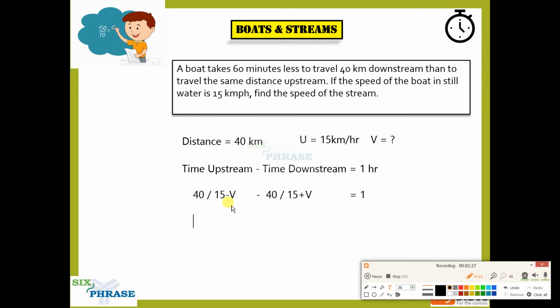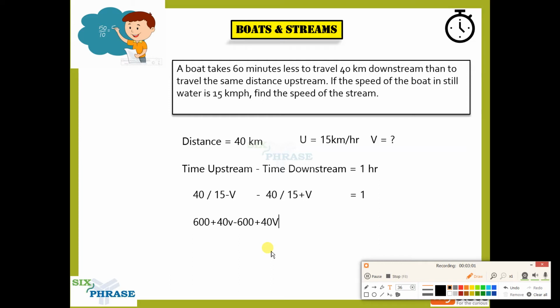So we'll take this to be 600 plus 40v, yeah, minus 600, so minus 600 again plus 40v.